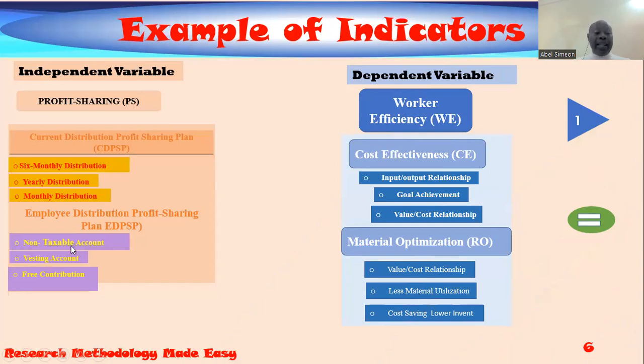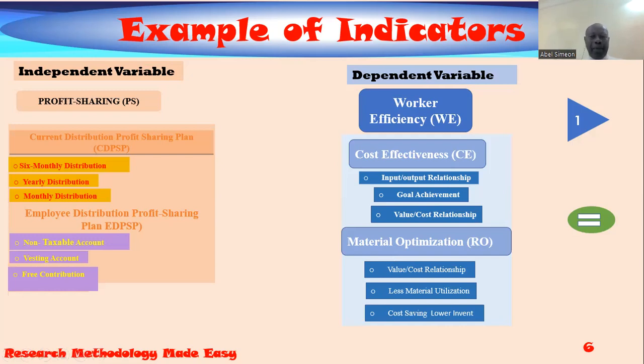So you can relate this non-taxable account to input-output relationship, to goal achievement, to value cost relationship, anyone. You can relate this 6 monthly or yearly distribution or monthly distribution to any of these in your equation. You must do that.